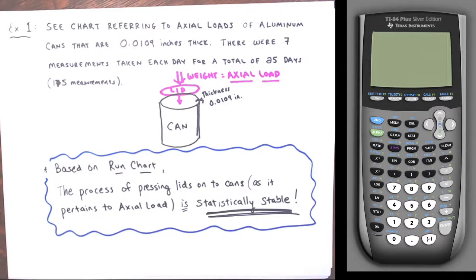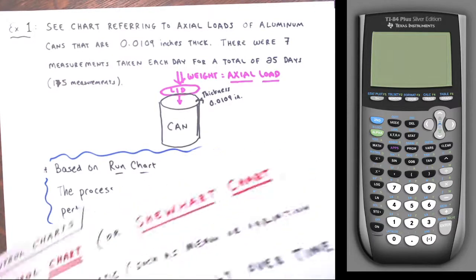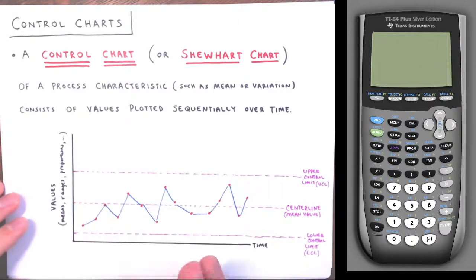But very often, instead of doing that, because that can be a bit tedious, a bit time consuming, and maybe not give you as much information as you need, or too much information, we look at a control chart where we look at groups of data and then one particular aspect of those groups and plot that over time. So it's very similar to a run chart.